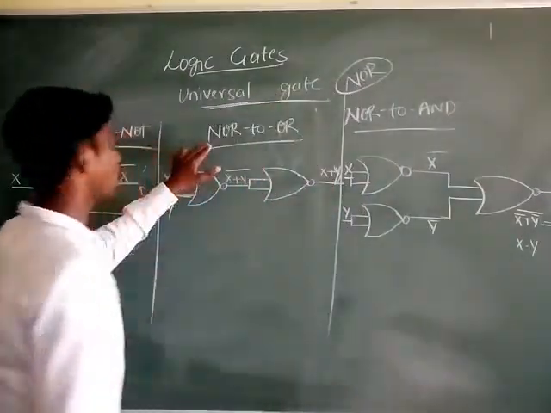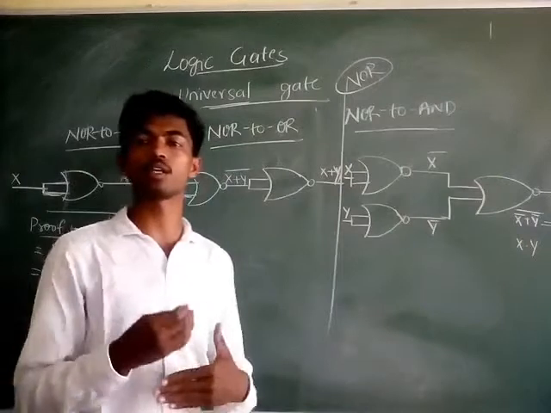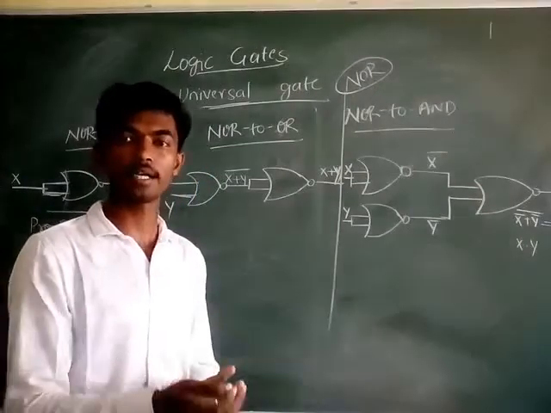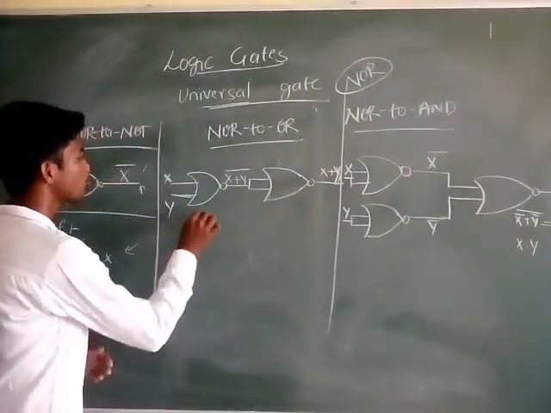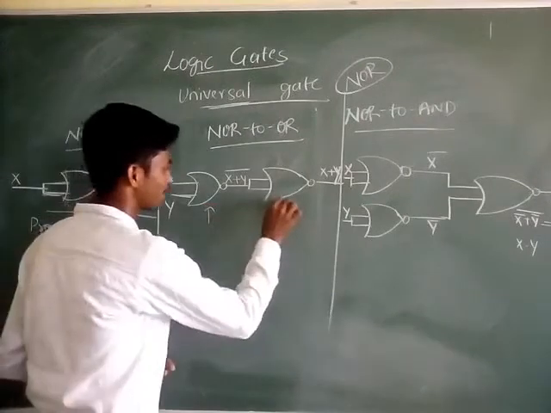And then NOR to OR. If you want to convert the NOR gate into the OR gate, then you have to add two NOR gates in serial.